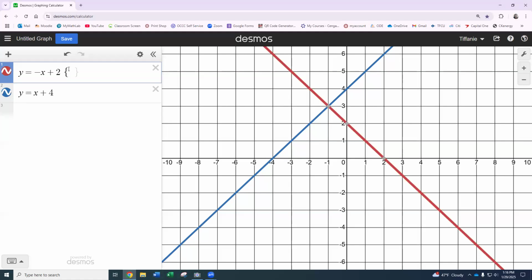Remember, if you type x is greater than, then hit the equal symbol, it puts that line under there. And then x is less than 1. Okay, now my graph looks the same.